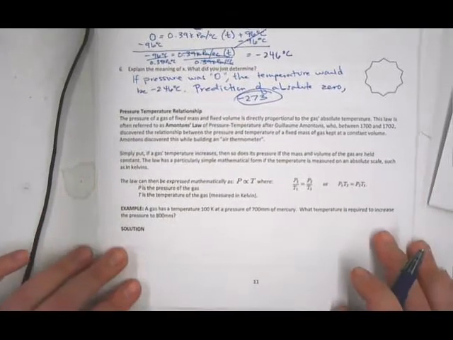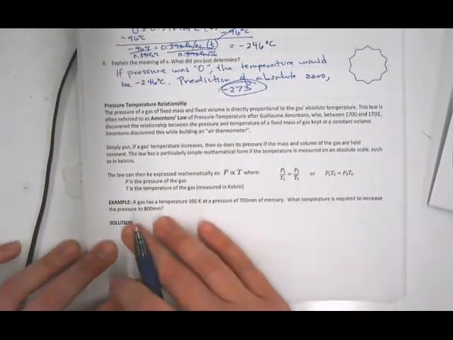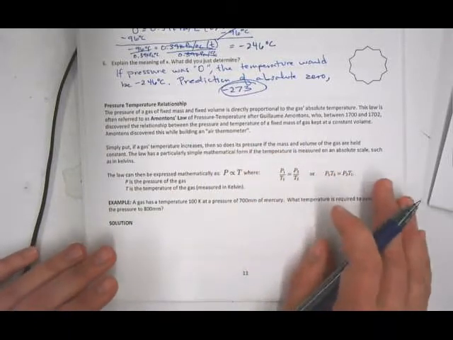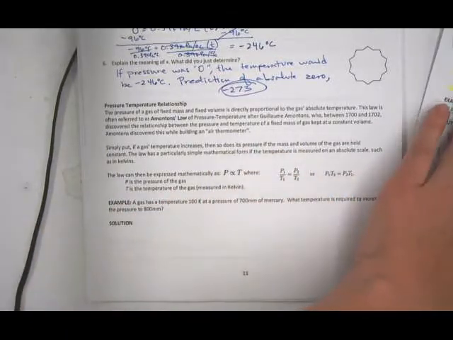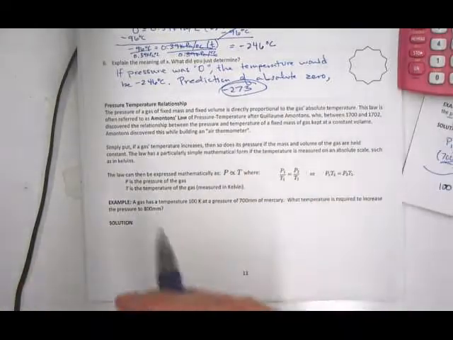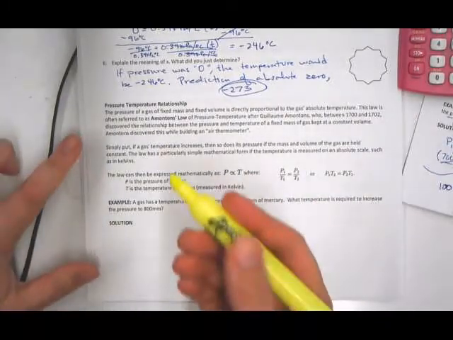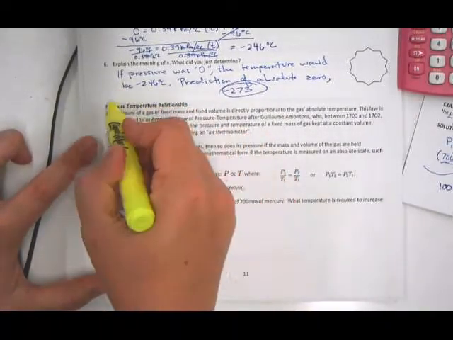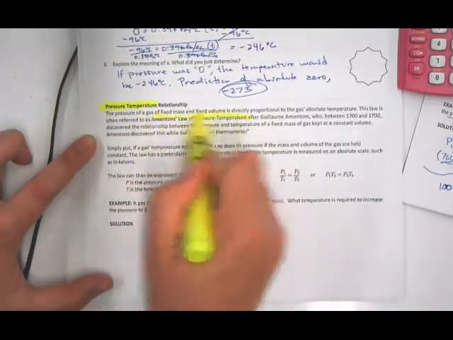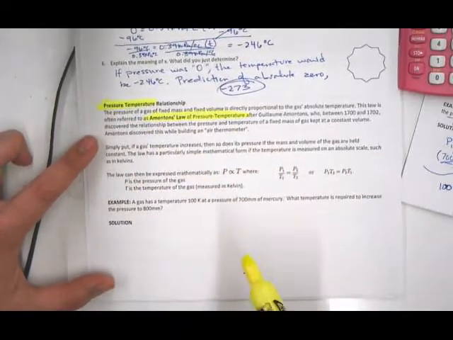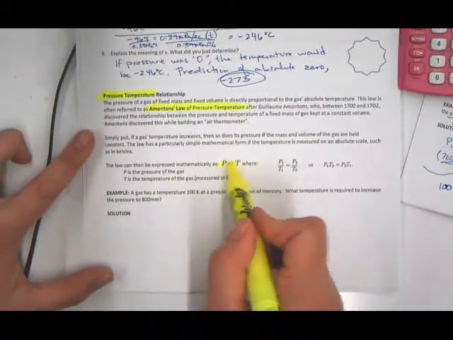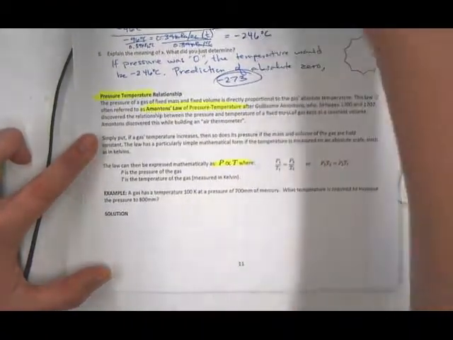The next section is utilizing the relationship we just found to do calculations and predictions. With a highlighter here, we now know that as temperature goes up, pressure goes up. That's Amonton's law. Here's the relationship. That means they're proportional, or direct.